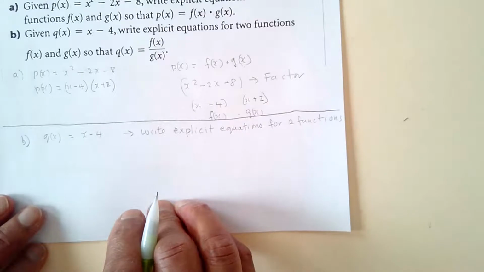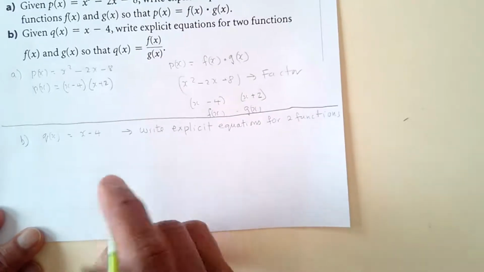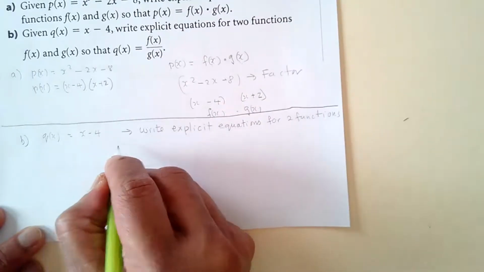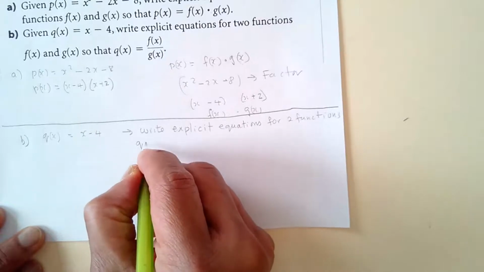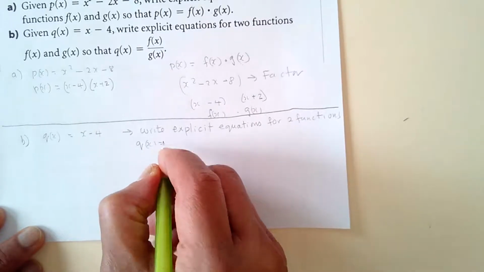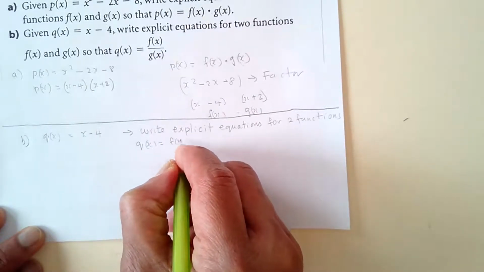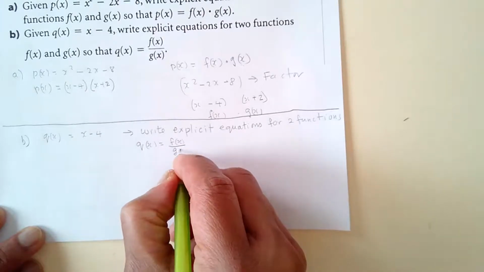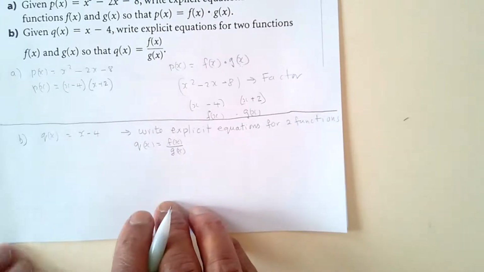So q of x is equal to f of x over g of x.